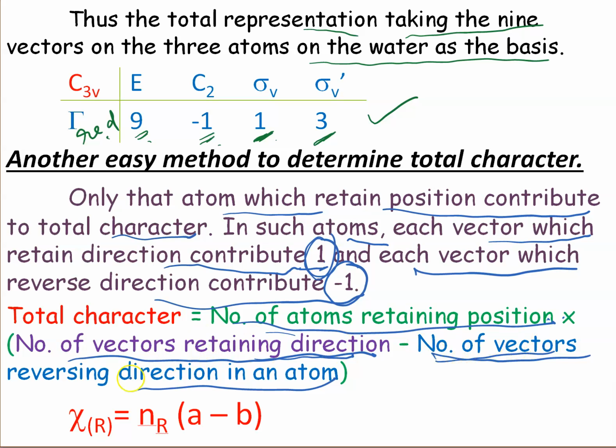For each vector reversing direction the character is minus 1, so it is minus. So the equation is this: chi r, the total representation chi r, is equal to nr into a minus b, where nr is the number of atoms retaining their position during the operation, a is the number of vectors which retain direction, and b is the number of vectors which reverse the direction.